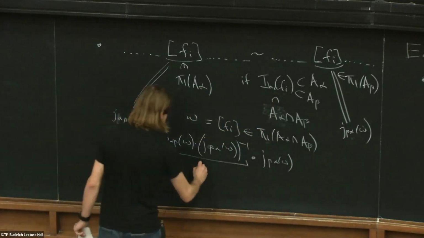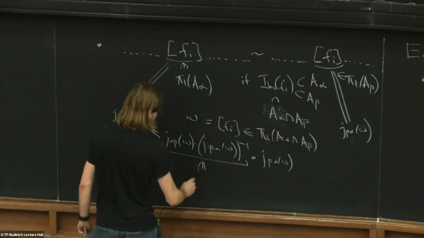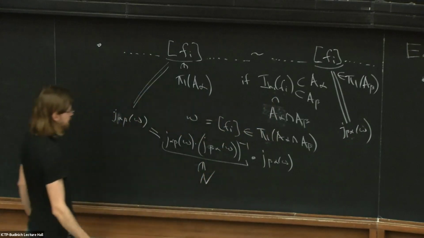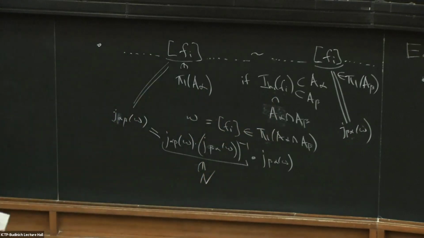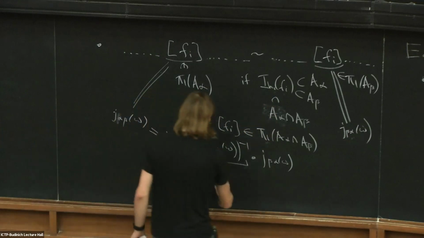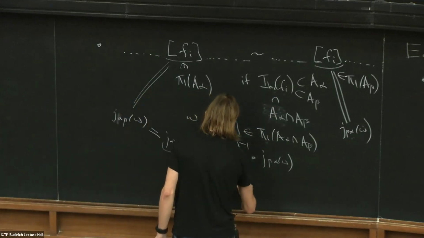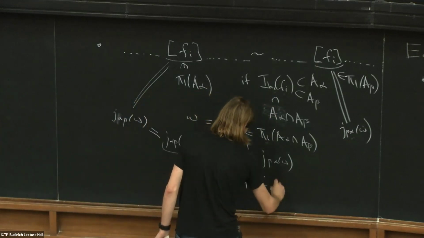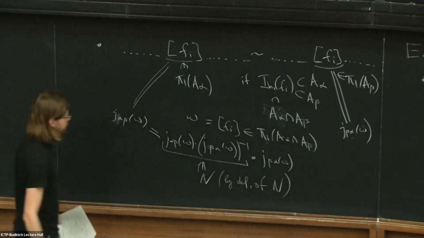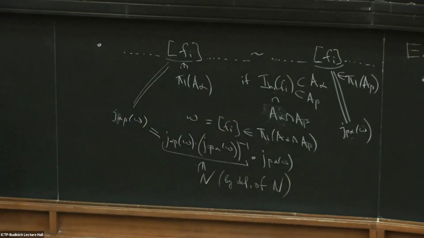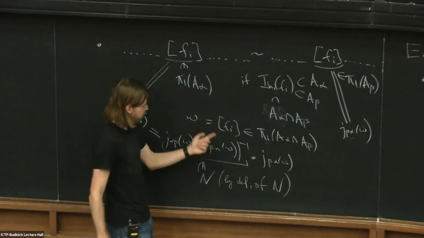And by definition of our subgroup N, this is an element of N, just by definition of N. N we just define as a subgroup generated by elements of such form.